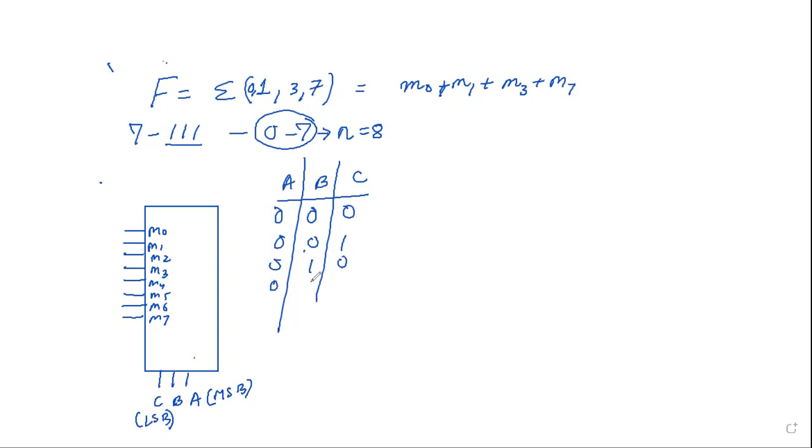So we write all the possible combinations which are there. Okay, and this is the output. So I know that my output is going high for the minterms which are corresponding to the input combination of, sorry, so this is my output.